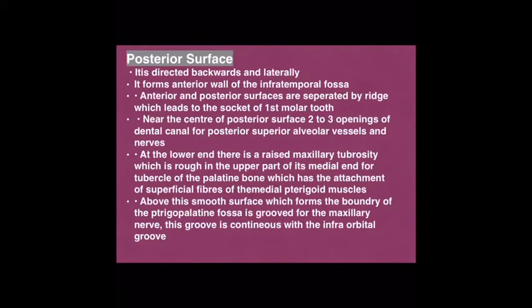Anterior and the posterior surface are separated by ridge which leads to the socket of first molar tooth. يعني تنفصل الأسطح الأمامية والخلفية عن طريق separated by basal ridge which leads الذي يؤدي إلى تجويف الأسنان من ناحية first molar tooth.